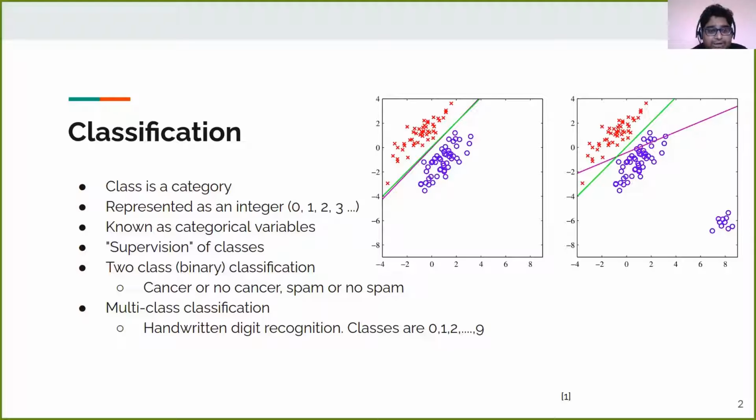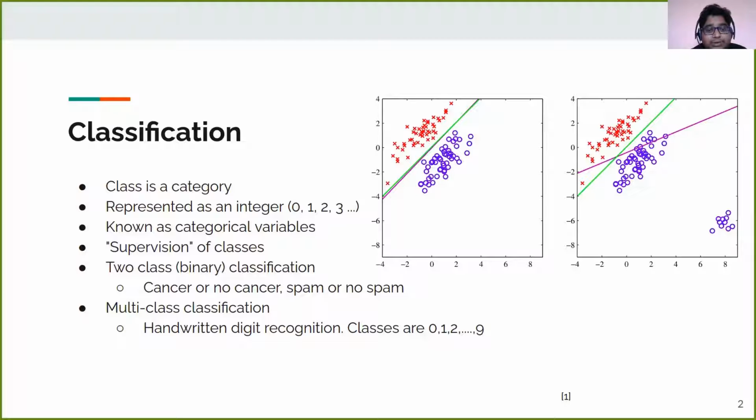There can be two kinds of classification. One is binary, where there are only two classes. For example, it can be cancer or no cancer. Cancer can be represented as 0 and no cancer as 1. Similarly, we can have spam or no spam classes for a spam filtering task.